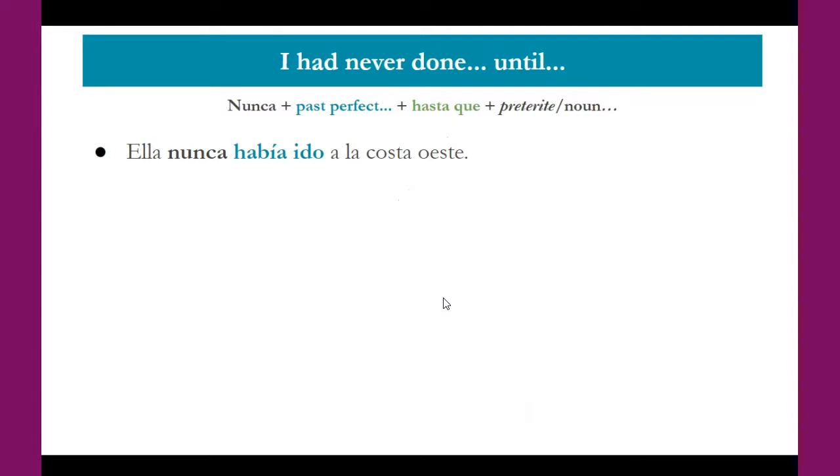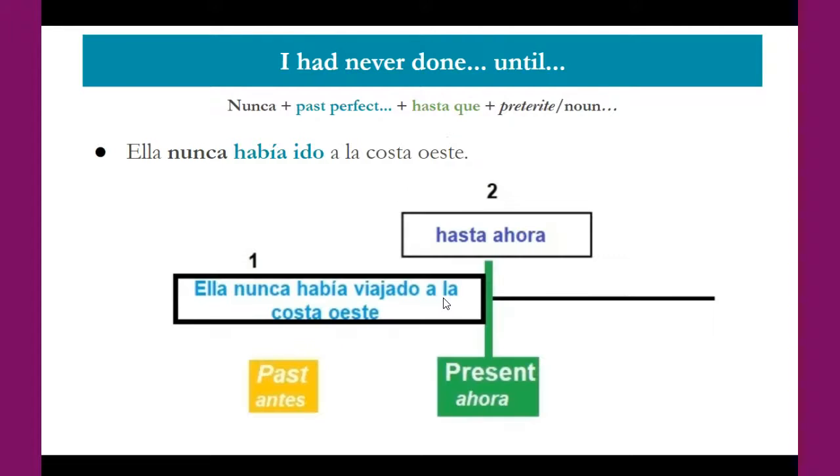Then, ella nunca había ido a la costa oeste. So she had never gone to the East Coast. So this implies hasta ahora. Right? Ella nunca había ido a la costa oeste, but now, because you're using the past perfect, you're implying that she has already, right?